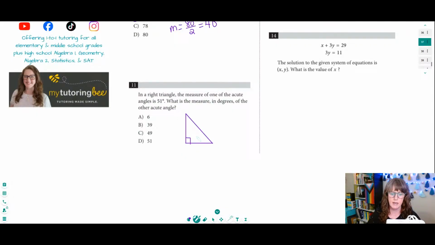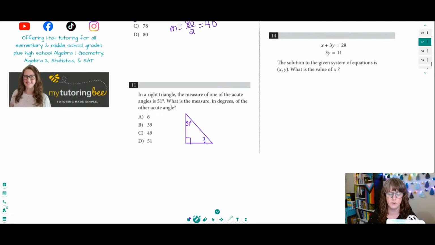And they're telling us that one of the angles is 51 degrees, and we need to figure out this other third angle. So the triangle angle sum theorem tells us that all three angles in a triangle add up to 180. So what we could do is add up these two angles, 51 and 90, and then subtract that from 180 to figure out this third angle.